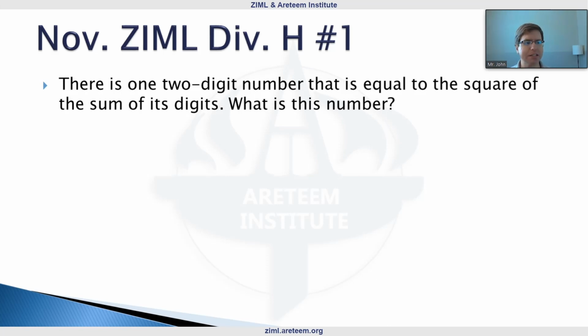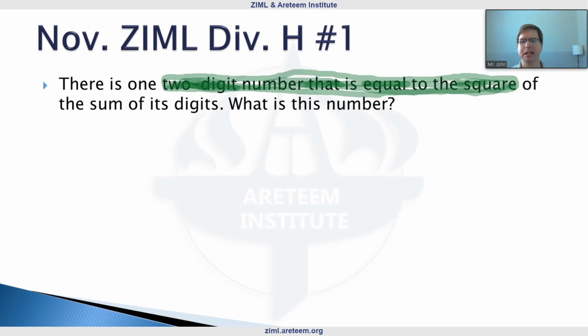So, 2-digit numbers and squares. If we just think about that original line, a 2-digit number that is equal to the square of blah, blah, blah. Even ignoring what the restriction is here, there's not too many numbers that are perfect squares that have 2 digits. So this is a good way to get started with narrowing down the options.